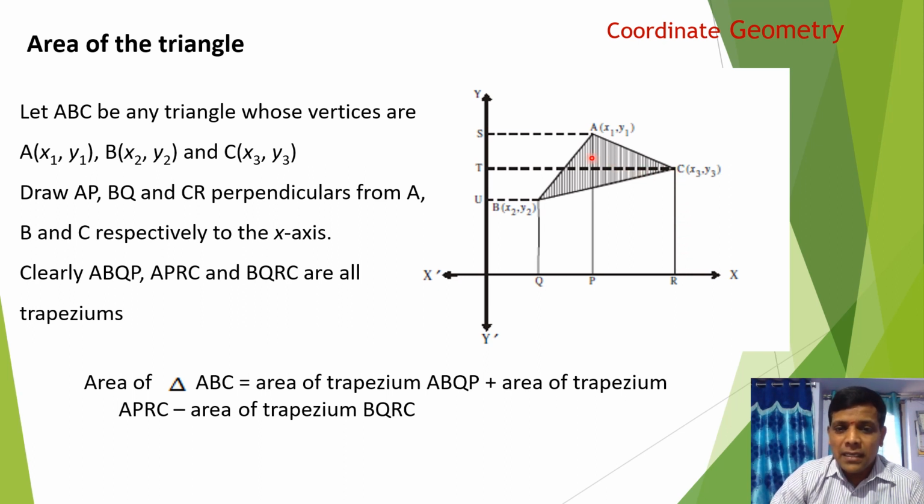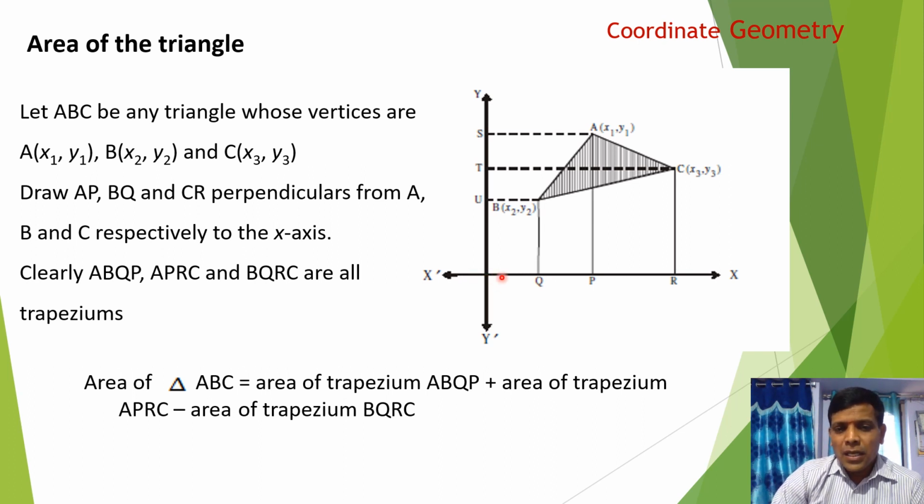Now we get the area of triangle. So area of triangle ABC is equal to area of trapezium ABQP plus area of trapezium APRC minus area of trapezium BQRC. Very clear?